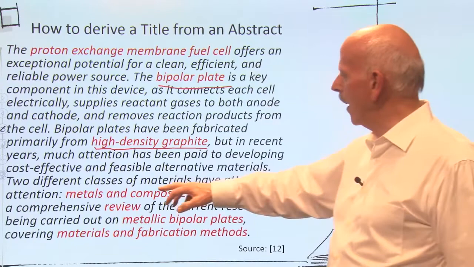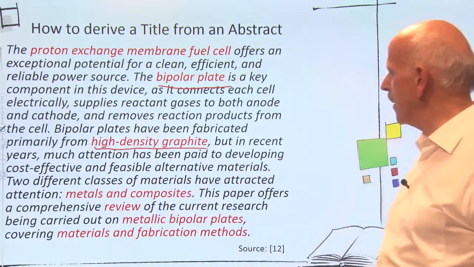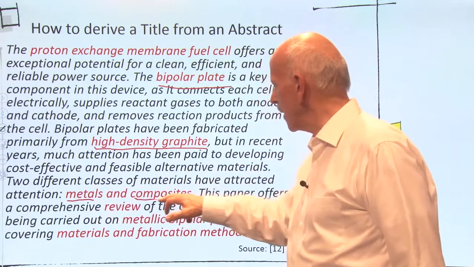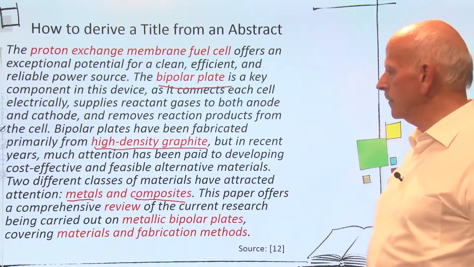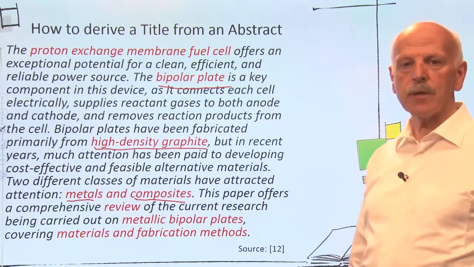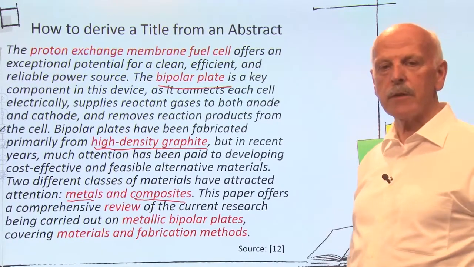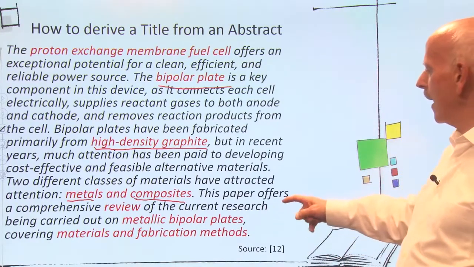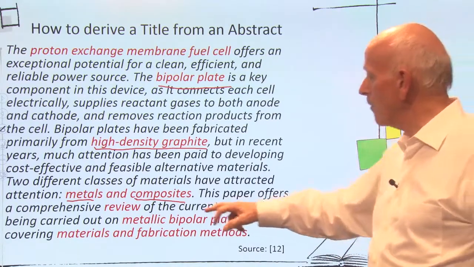But then we find two different classes of materials have attracted attention: metals and composites. So we'll keep that in mind as well, because metals and composites are the new materials that are being considered for making fuel cells. And then lastly, this paper offers a review.